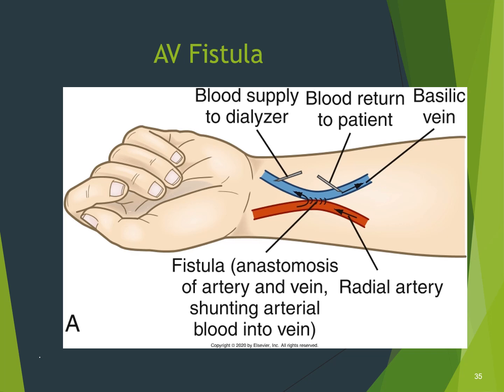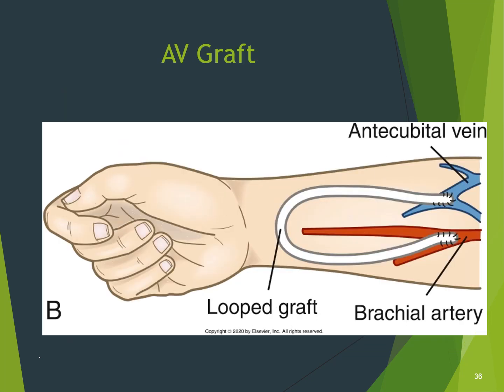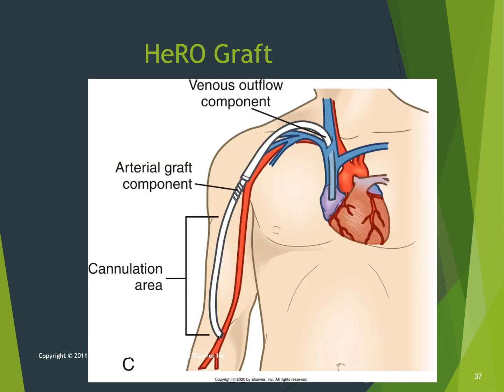You can see they really sew this radial artery and the basilic vein together to cause this kind of shunting area. You can also have an AV graft, which is an artificial, and you can see that looped graft. That is an artificial, which means they are more likely to reject it, kind of more issues. So we prefer the AV fistula if possible.